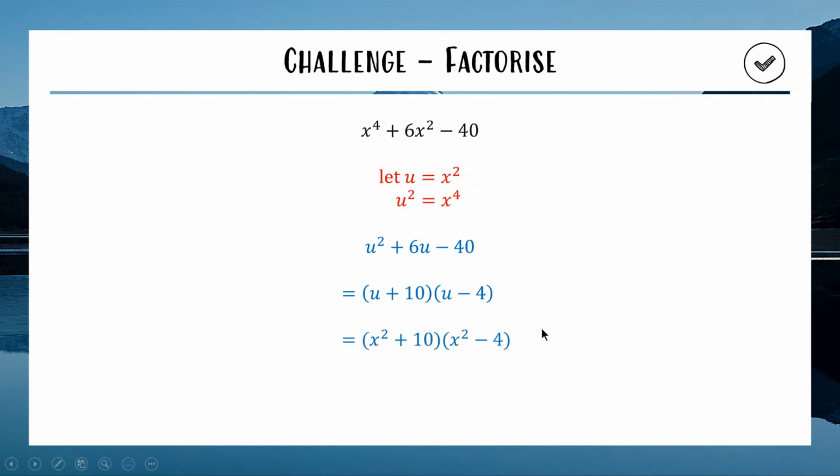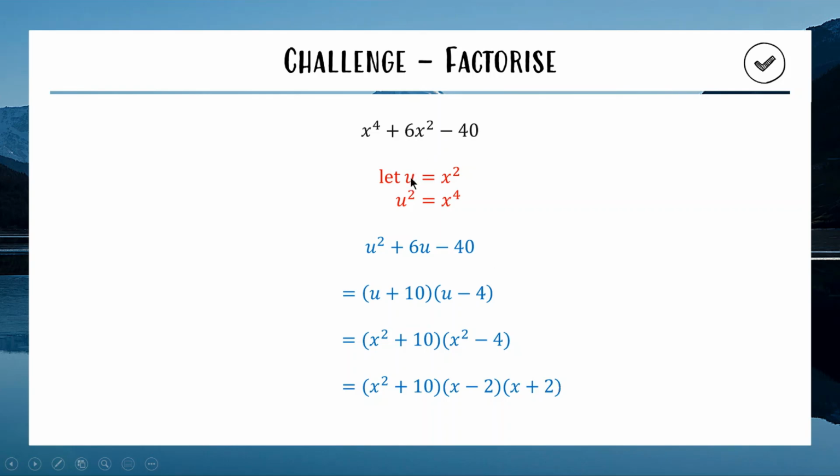Now the reason that's really good is because for the 5th or 6th time today, in our answer, we have another level of factorization because we have an extra difference of 2 squares. So this x squared minus 4 can be further factorized as x minus 2, x plus 2. X squared plus 10 we can't do anything else with unless you want to do extension 2 maths in a few years. So for now, that is our fully correct, fully factorized answer.